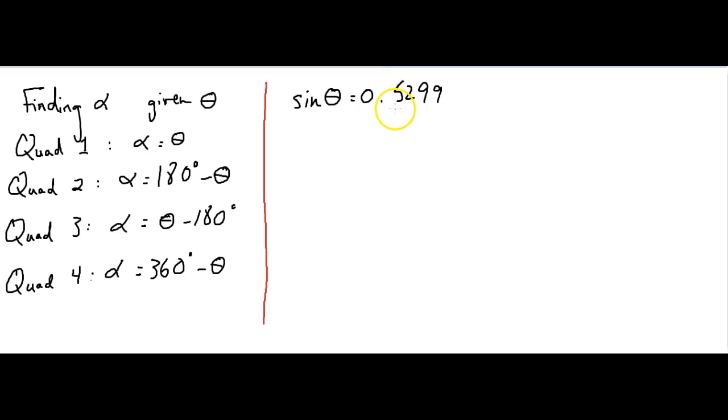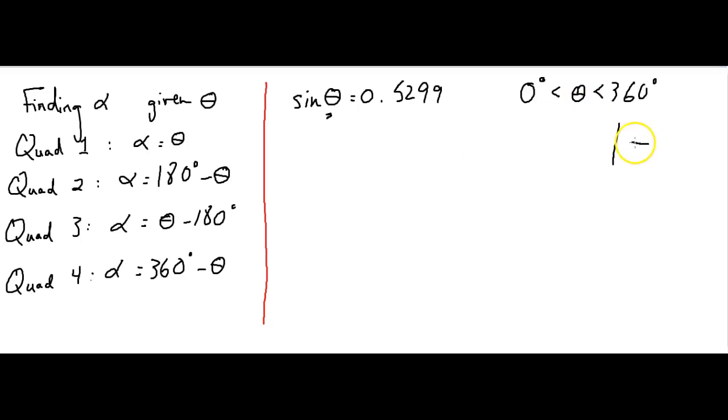At the time we were only focused on the angles between 0 and 90. But now, if I told you that this theta lies between 360 and 0, so basically it's within one full circle.